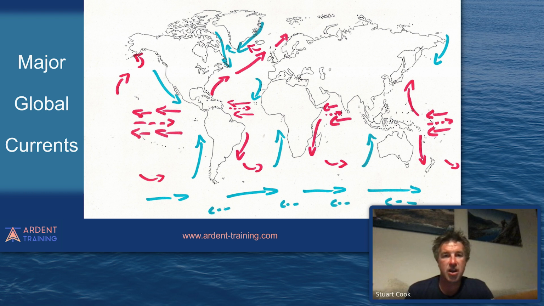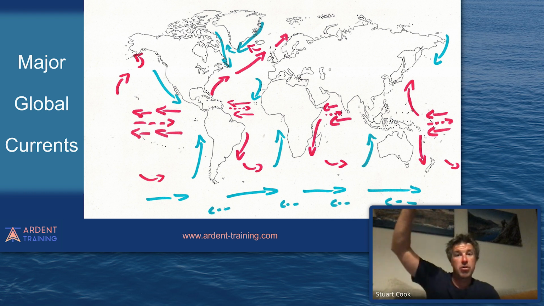So if we look at the currents here and just focus on the Atlantic, for instance, then if you picture where the Azores high was, you can see that the currents are circulating around that in the same way as the winds would in a high pressure. North of the equator, you've got that east flowing trade wind.